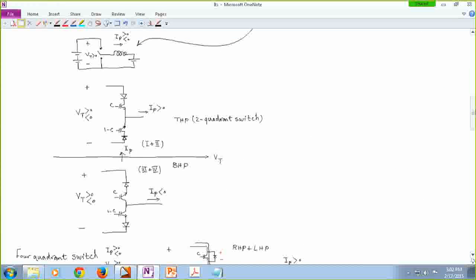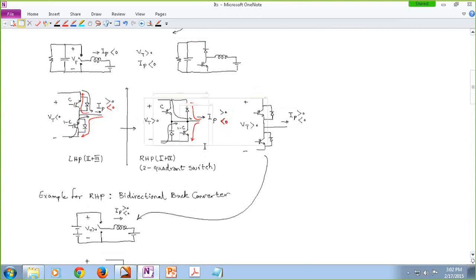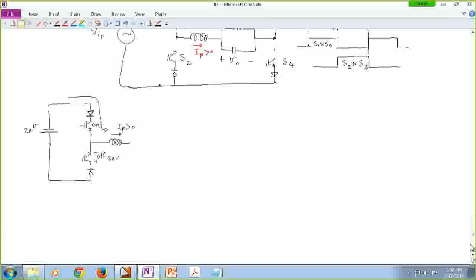So in these switches, we are looking, for instance, at a right half-plane switch, because the throw voltage, which is your DC source, is positive, and the pole current is positive or negative. The same thing that we use for a bidirectional boost, we can use for an inverter.